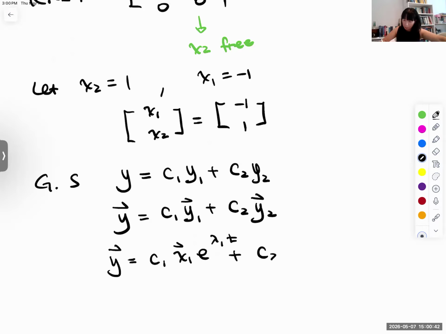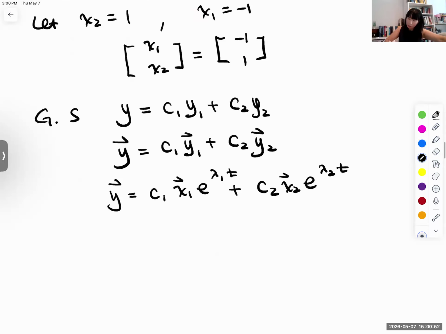And plus c sub 2 x sub 2 e to the lambda second t, yeah? Now c sub 1 we don't know yet; we're going to find it later with the initial value problem, right?